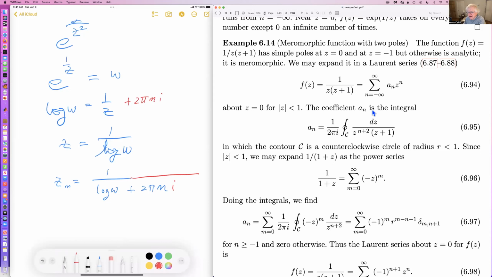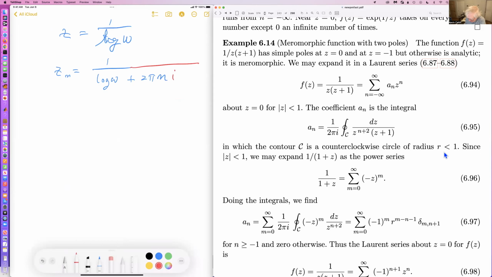The coefficient a sub n is this integral. The contour is, in this particular case, let me draw maybe a green line. We're talking about an integral around a circle of radius less than unity, so r equals 1 is out here.